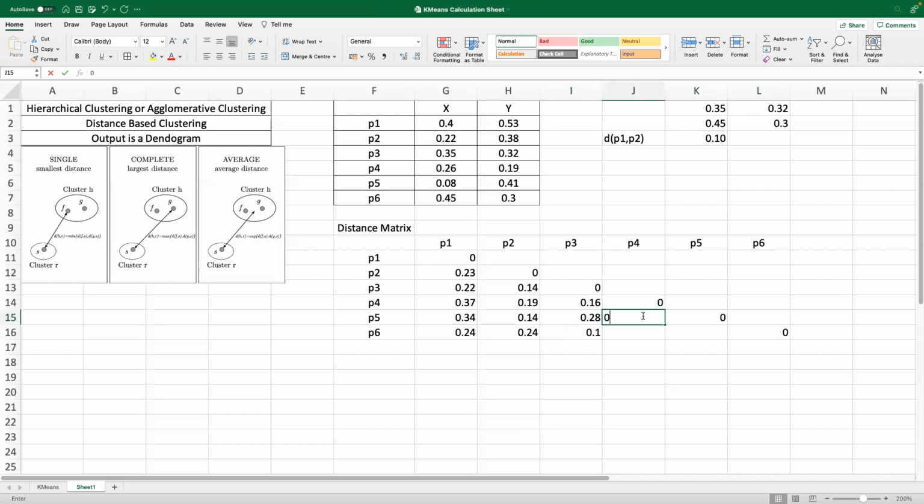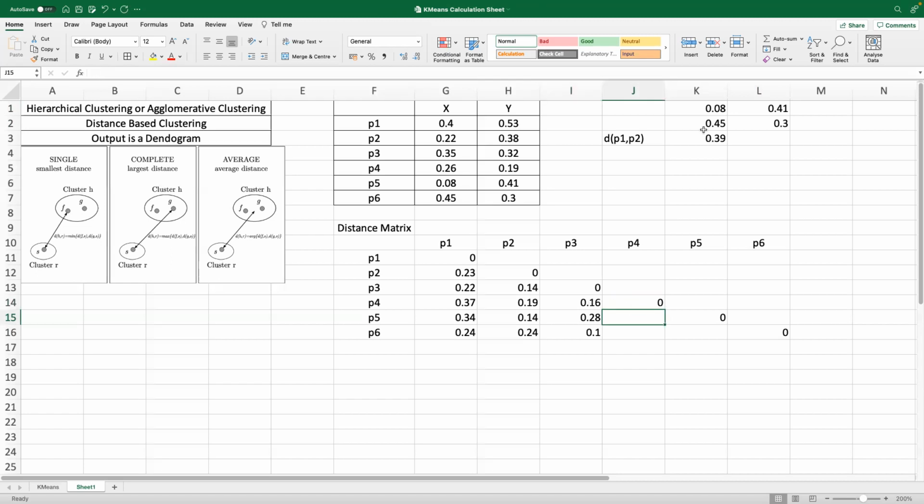Then this would be 0. We'll calculate this also from P5, right? What is P5? 0.08 and 0.41. This is 0, right? P4 to P4 is 0.